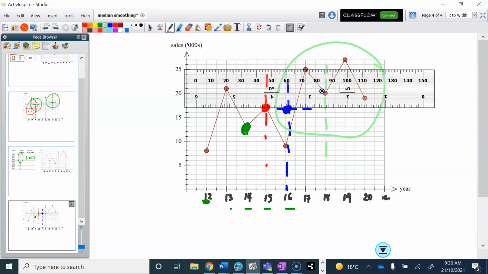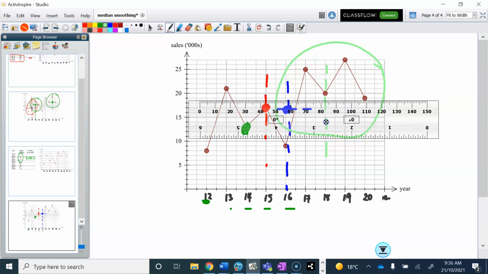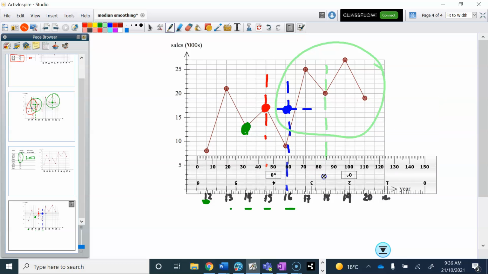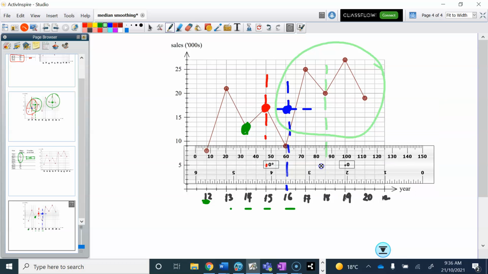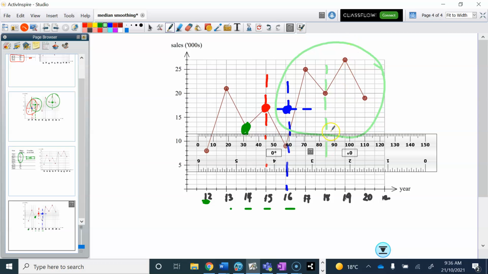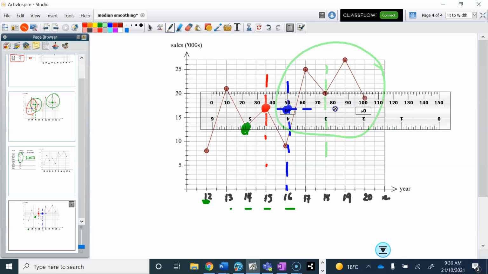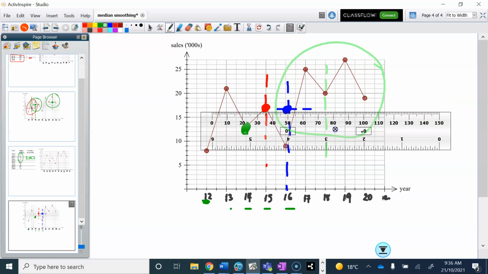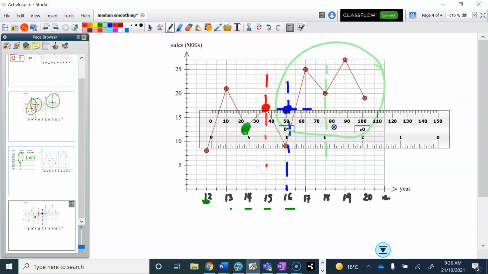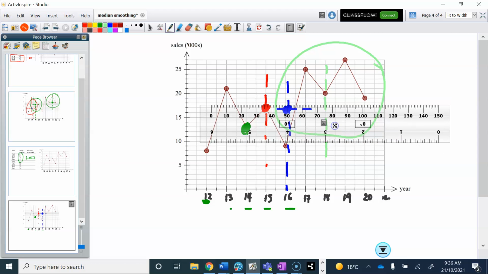There's 1, there's 2, there's 3, there's 4, and then 5's right down here. Sorry, 5 is there. Okay, so 1, 2, 3, my median point's right there.